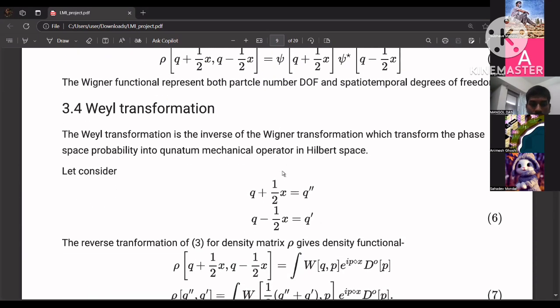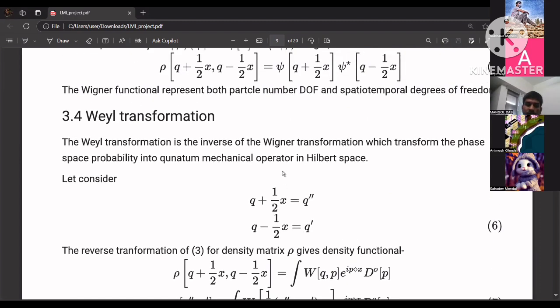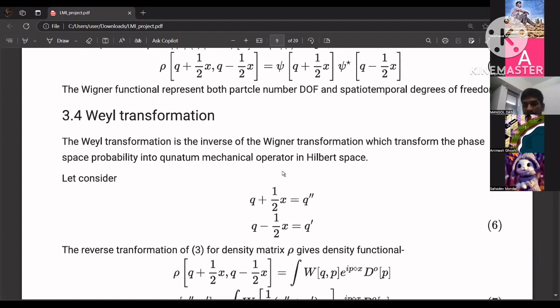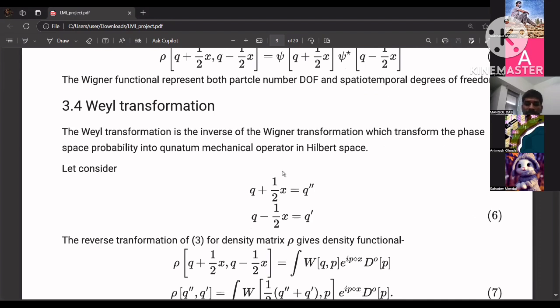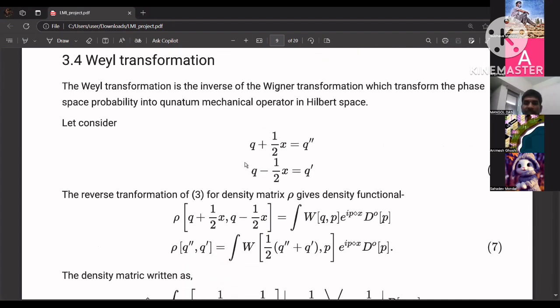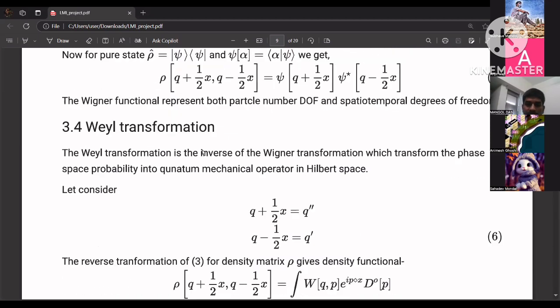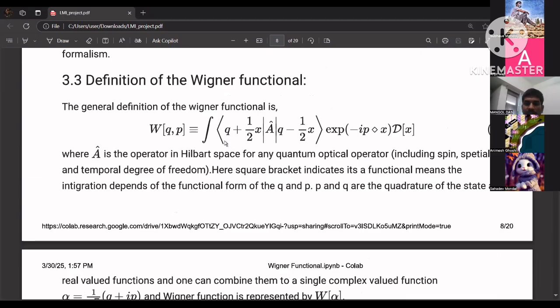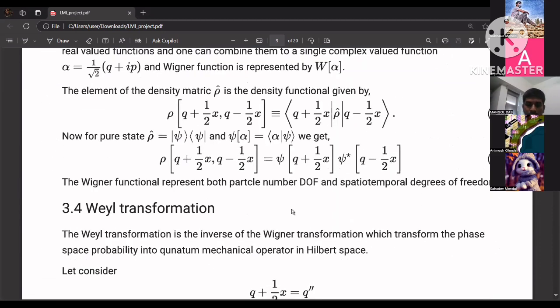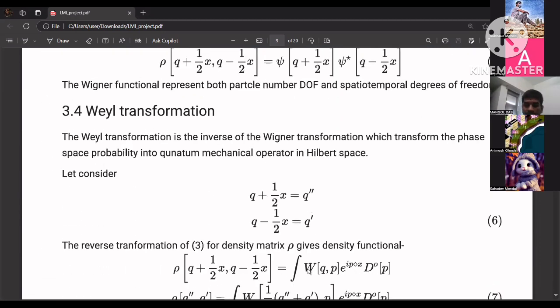Now the Weyl transformation. What is the Weyl transformation? It is the inverse of the Wigner transformation, meaning it transforms the phase space probability into a quantum mechanical operator in Hilbert space. Now define q plus half x and q minus half x by two variables, q double dash and q dash.